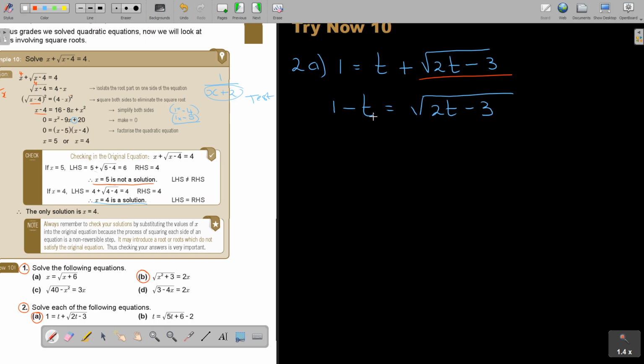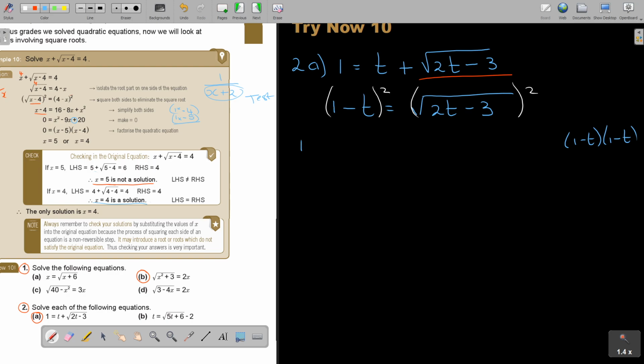Okay, and now I'm going to square both sides. I'm doing the short way, but please don't say it's 1 minus t squared. Rather go and say 1 minus t, and on the side 1 minus t, and do long multiplication. I just prefer the short way, on this level, to spare a little bit of time.